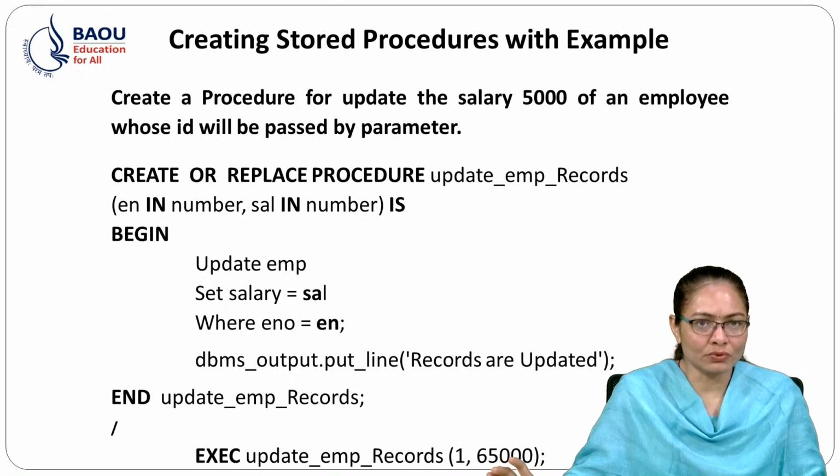The error is viewed using the SHOW ERROR command. Like SHOW ERROR, it will show the error with the line number and column name also. But if you execute the procedure and it is correct and there is no error, then it will display procedure created. Finally, it will be stored in memory after compilation.